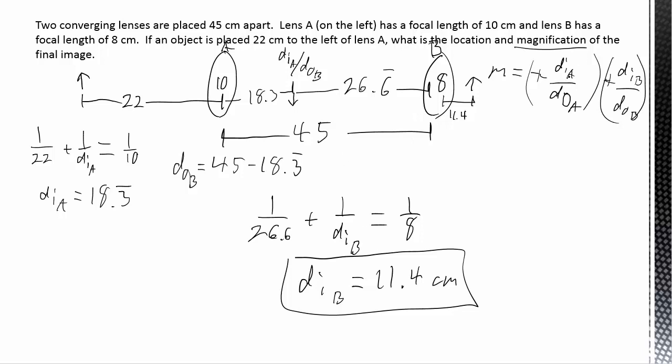Alright, if we want to find the magnification now, we have to plug in these numbers here, those two that we calculated, as well as this number and this number, right? So image distance of A, that was our 18.3. Don't put in rounded answers here, by the way.